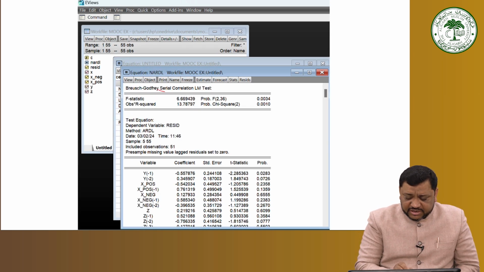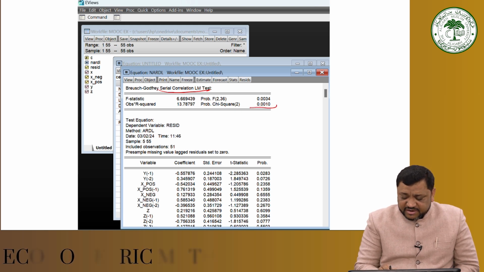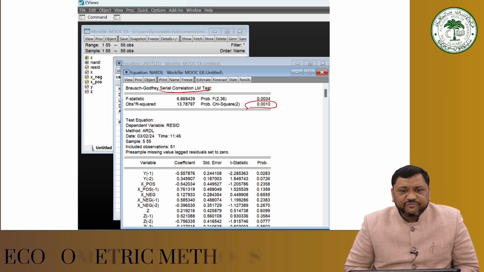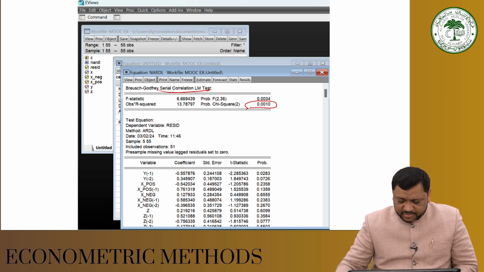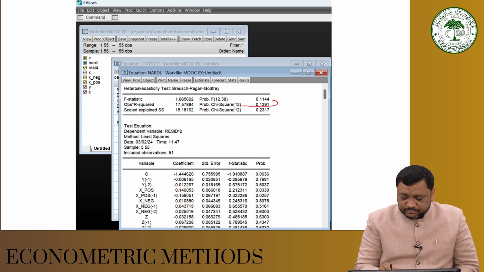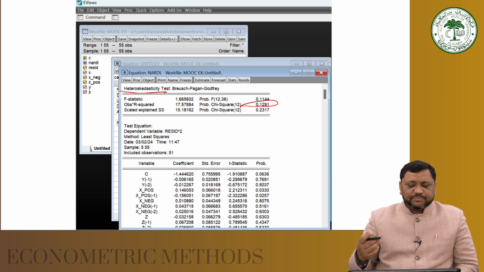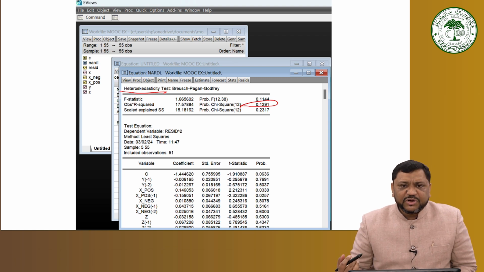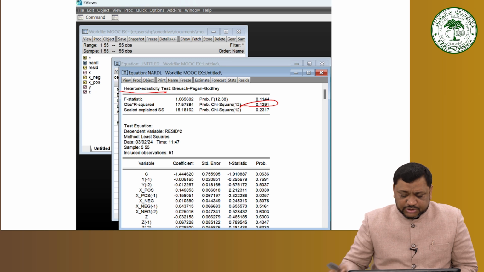Then we go for the serial correlation test. We find that the null hypothesis of no serial correlation is not accepted, meaning thereby there is a problem of serial correlation. And then we have heteroscedasticity. Here the probability value is more than 0.05, implying that the error terms are homoscedastic. There is no problem.